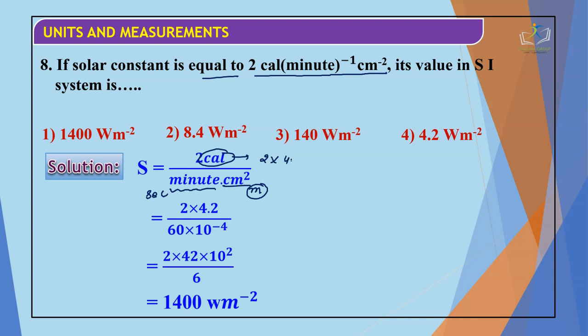We know that 1 calorie is equal to 4.2 joule. Similarly, I did the same and got this value. I hope you understand how I did the procedure part. Accordingly, the first option is the right answer.